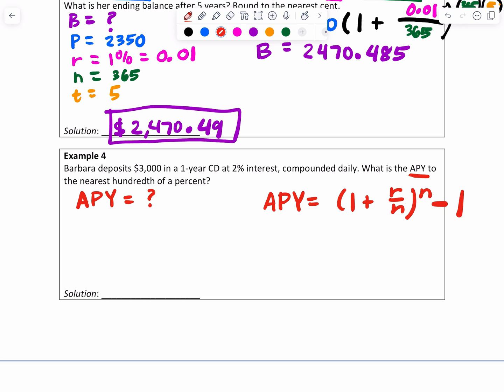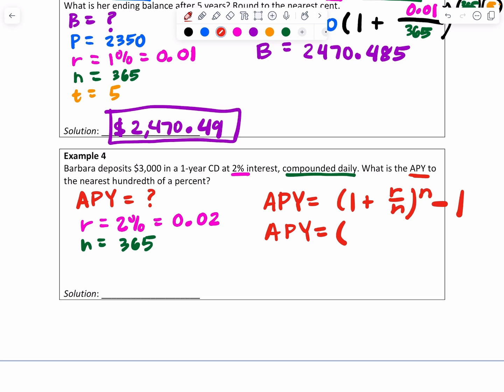So to use this formula, I need to know what R is. Our interest rate is 2%. When you switch it to decimal form, that should be 0.02. And our N, compounded daily, so N will equal 365. Okay, so in my formula, APY will equal, there's always going to be this parenthesis, 1 plus fraction.